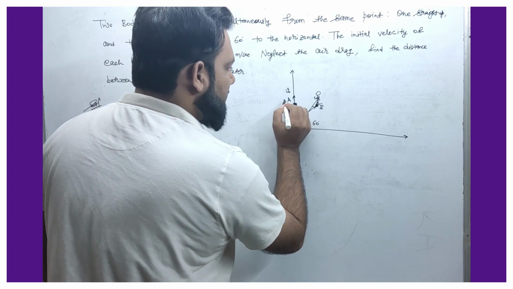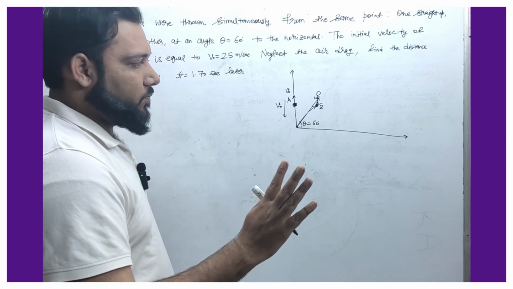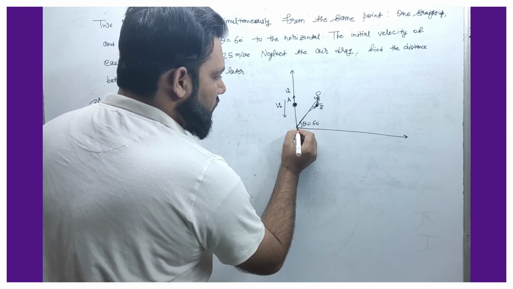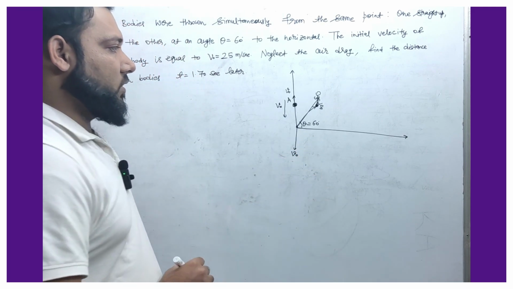So first of all I give this negative velocity, that is v naught. Now A is stopped, and the same velocity is given to B, that is v naught.